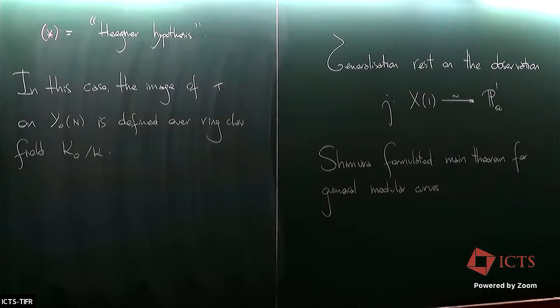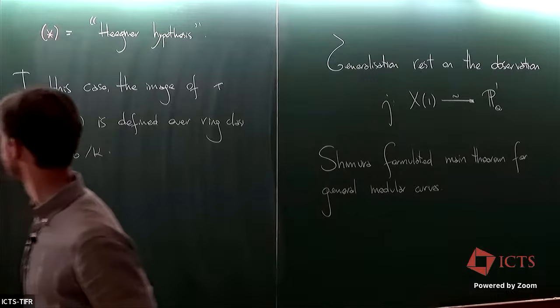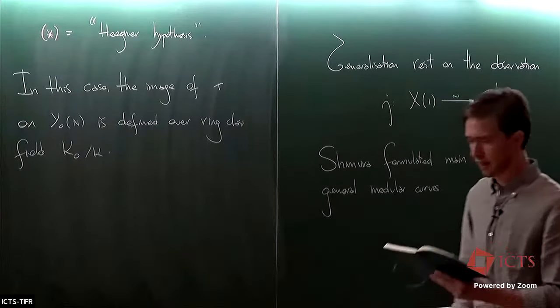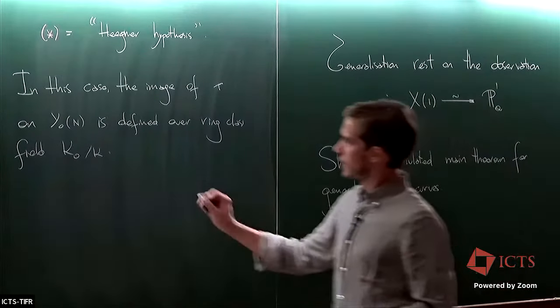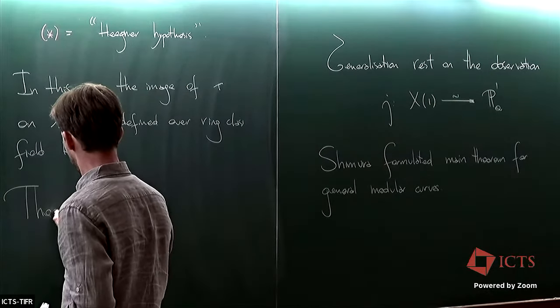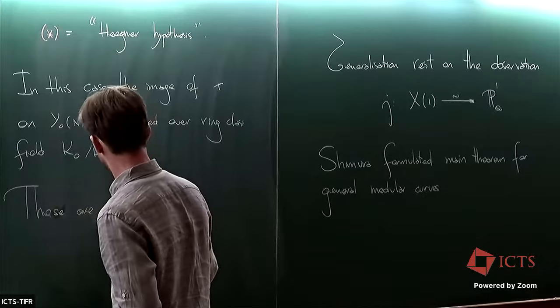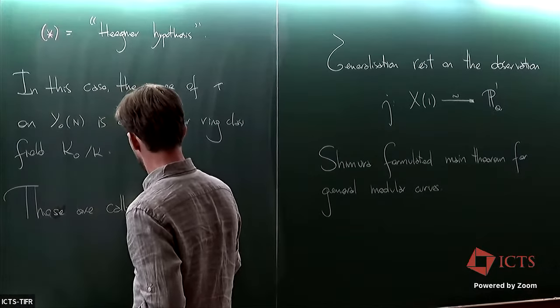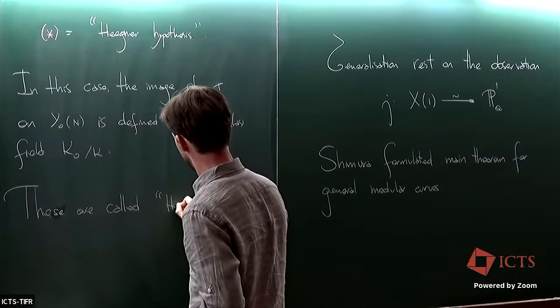That's a bit trickier calculation, but you can also do it. Okay. So these points are called Heegner points.